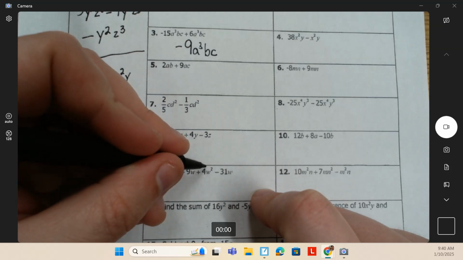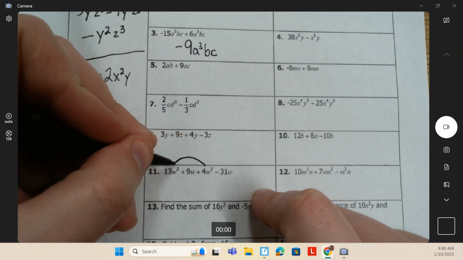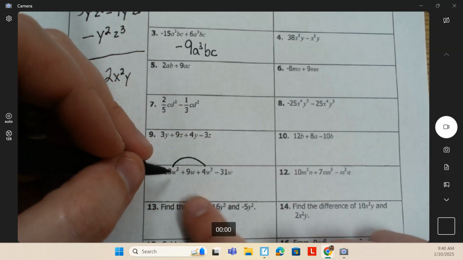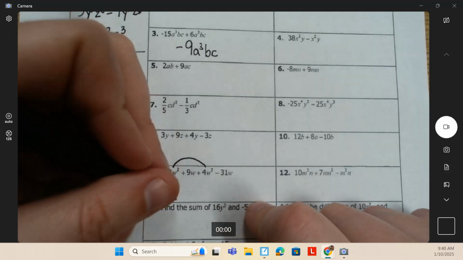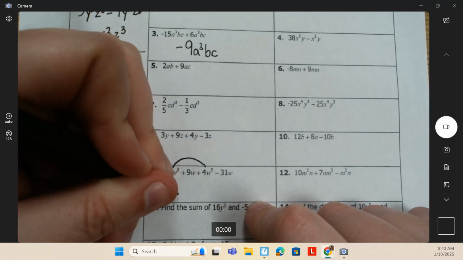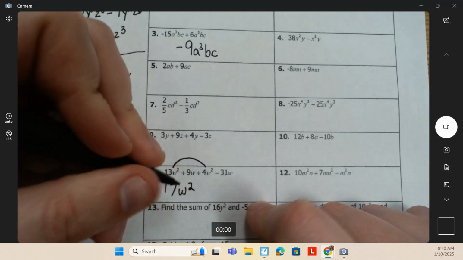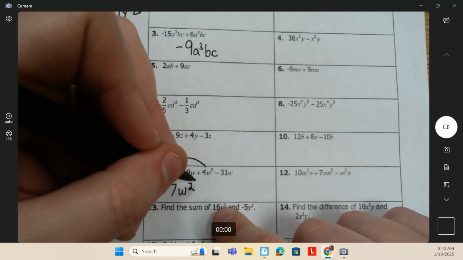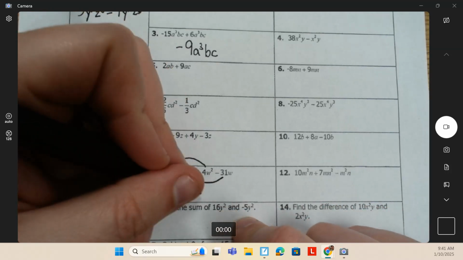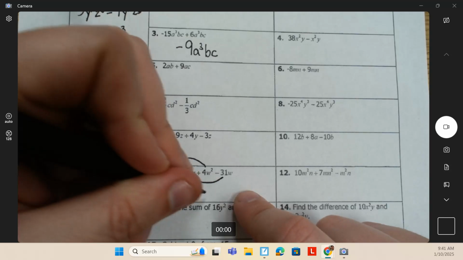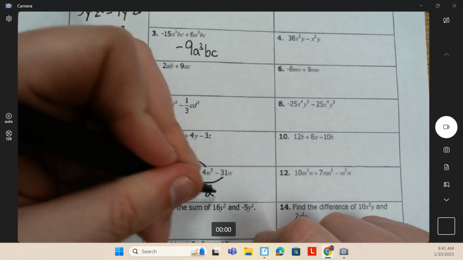Kind of the same thing we've been doing, combining like terms. So the w squareds would go together. 13 plus 4 would give me 17w squared. And then positive 9w and negative 31w would end up giving me a negative 22w.